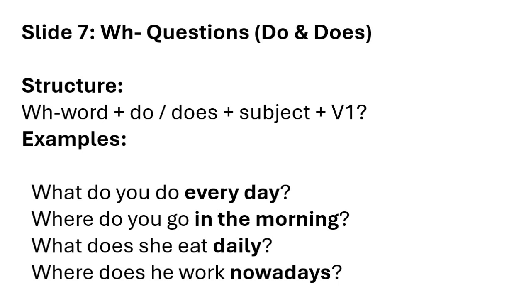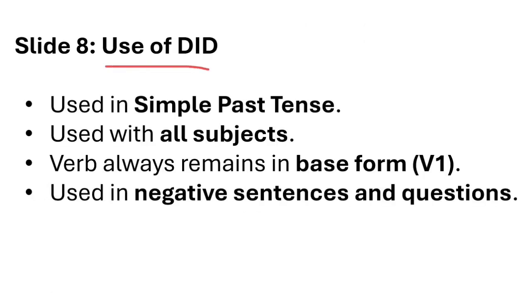Now let's move ahead. Now let's see the use of did. Do and does we use in simple present, right? But did we use in simple past tense. Did is used with all subjects, unlike in present where we use do with plural and does with singular. Here it's not like that, right? Did we use with all the subjects, and always we use the first form of the verb whenever we use did.